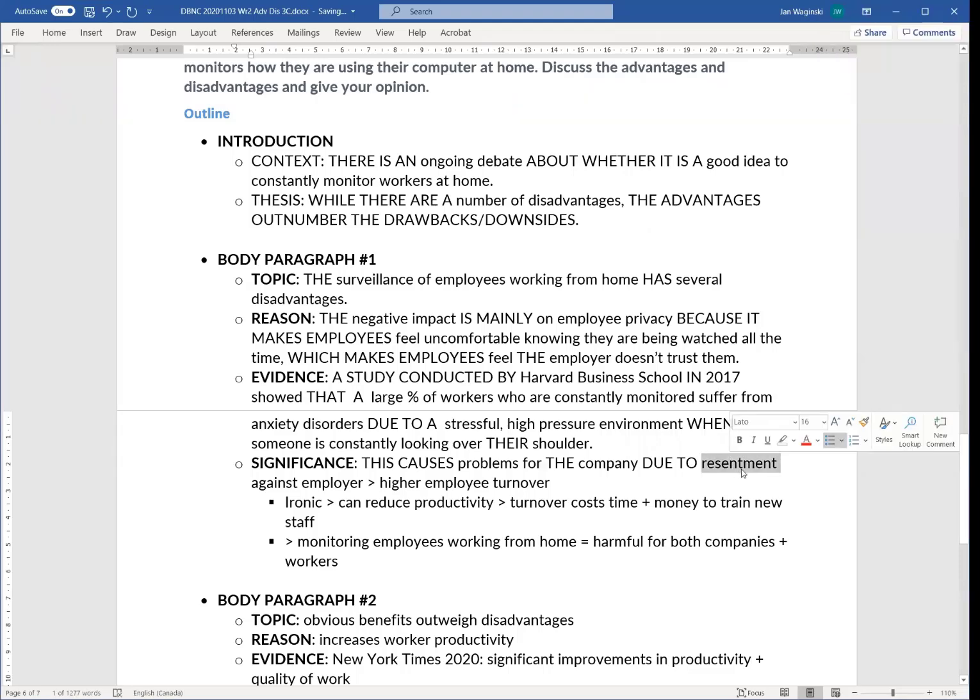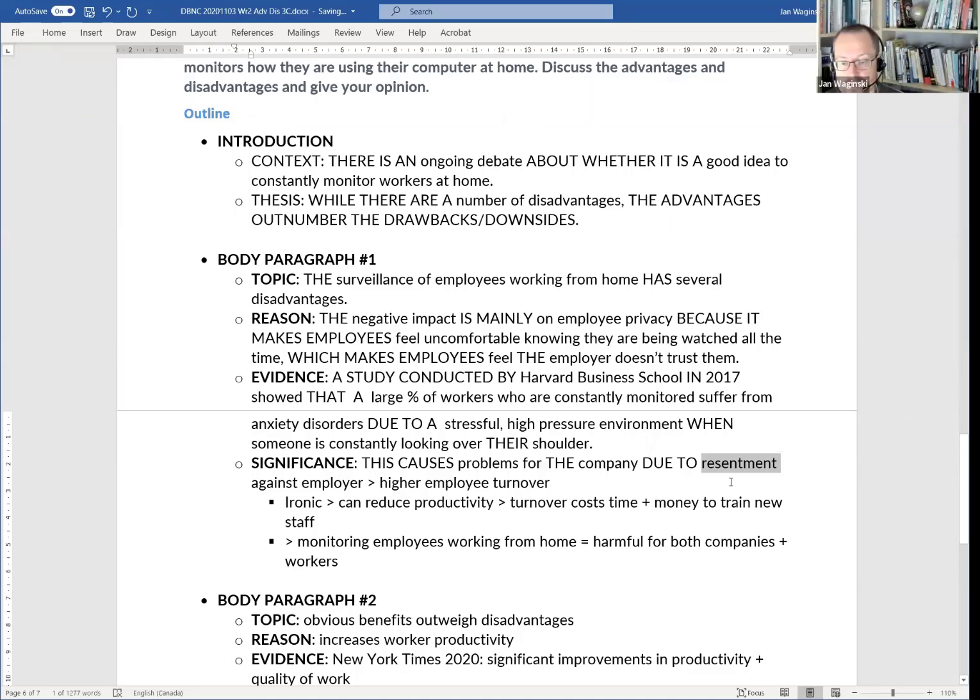It means feeling bitter. Like if you don't get invited to some kind of party, you feel resentment. You feel bitterness against the people who did not invite you. If your colleague gets a raise but you don't, you feel resentment against the company and against that colleague.